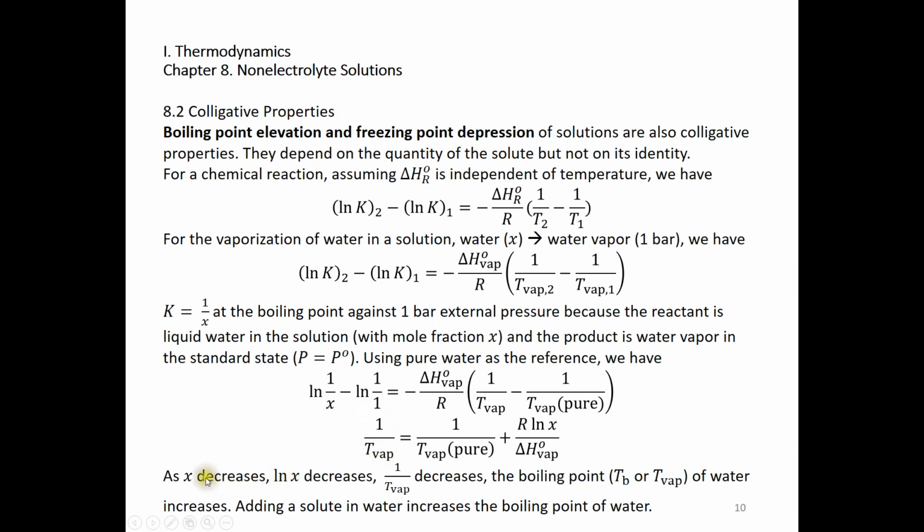So if you have a lower mole fraction of water, you have a higher boiling point. That's why when you add antifreeze in water, you lower the mole fraction of water, you increase the boiling point of water. In general, adding a solute in water increases the boiling point of water.